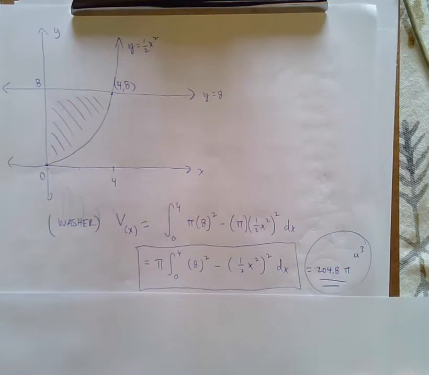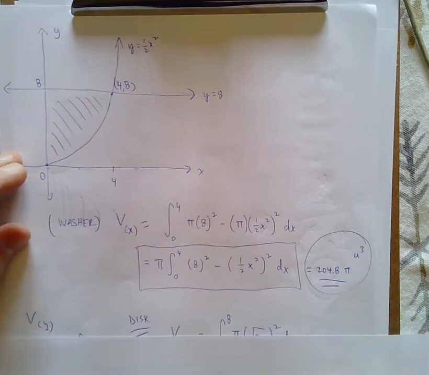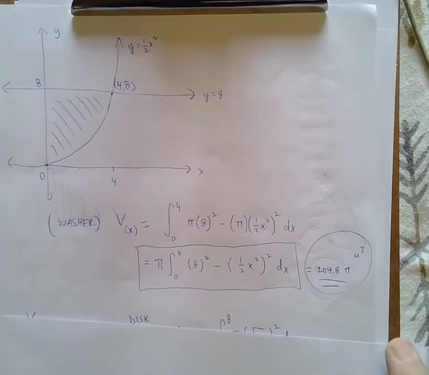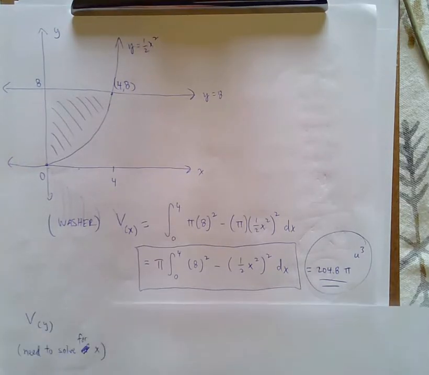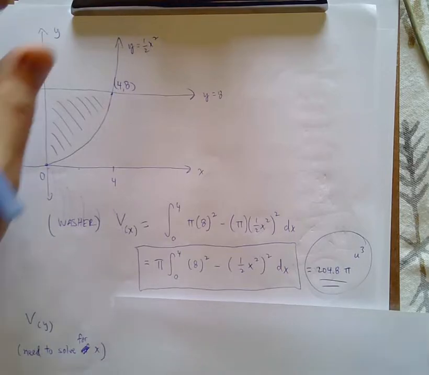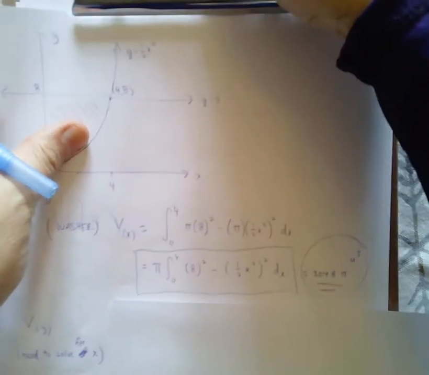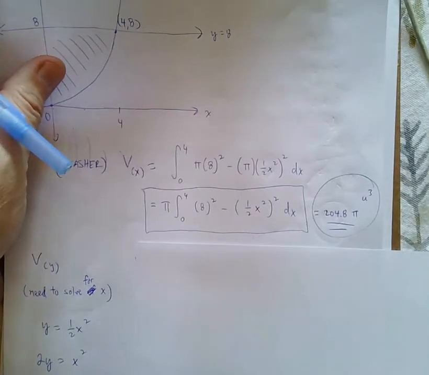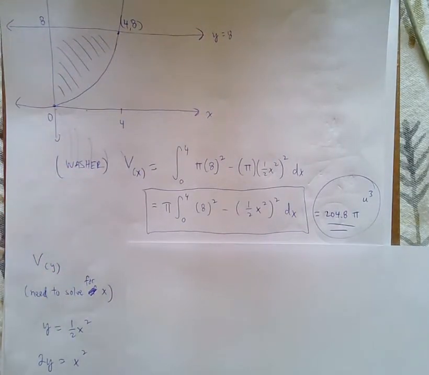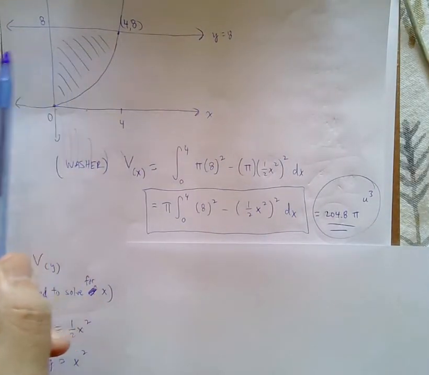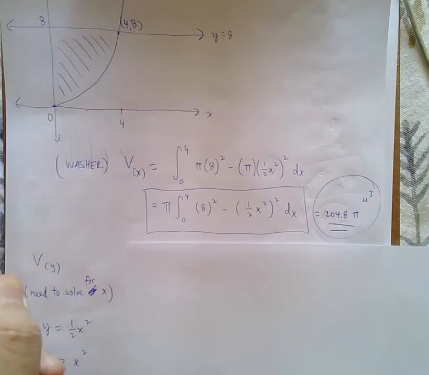Okay. Number 2 is the volume around the y-axis. Now what you have to do, remember that when you're revolving around the y-axis, you have to solve for x. So the original parabola is y equals 1/2 x squared.